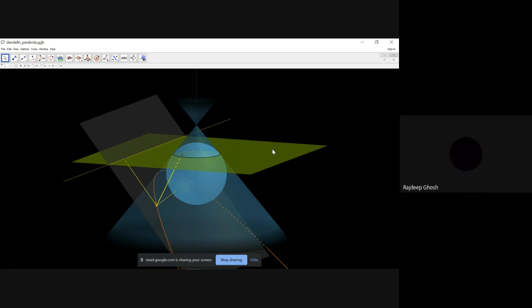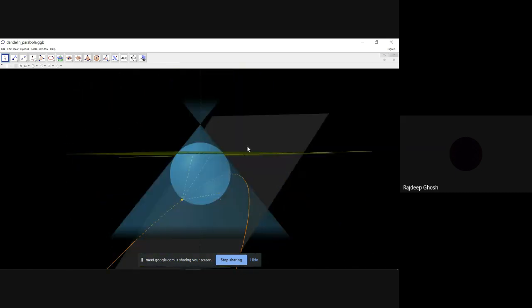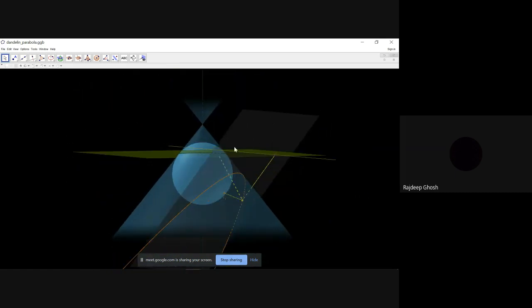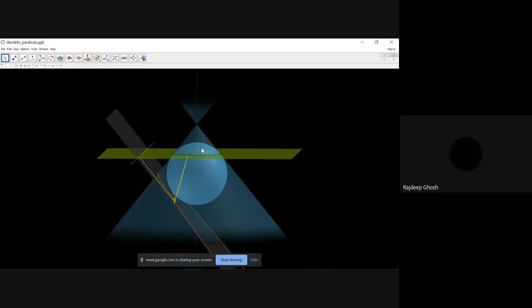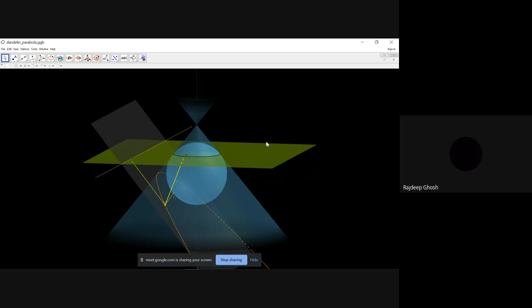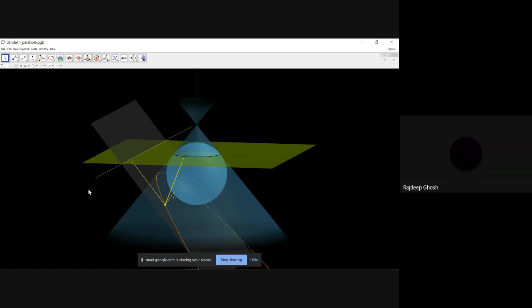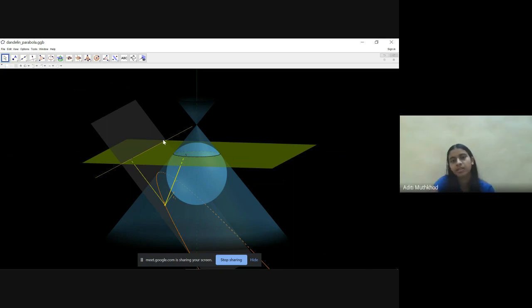Oh, now I get it. It's the circle of tangency of the sphere with the cone, and we just take the plane of that circle and let it intersect with the plane of the parabola, and we claim that this is the line that we would like to call the directrix.